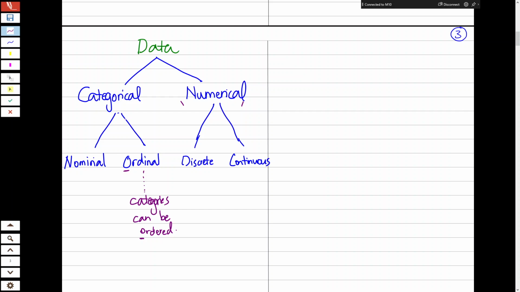Ordinal data has a natural ordering to the categories. However, nominal data has no natural ordering. So if you can't order the categories, your categorical data is nominal. Let's see if we can decide in the following examples.